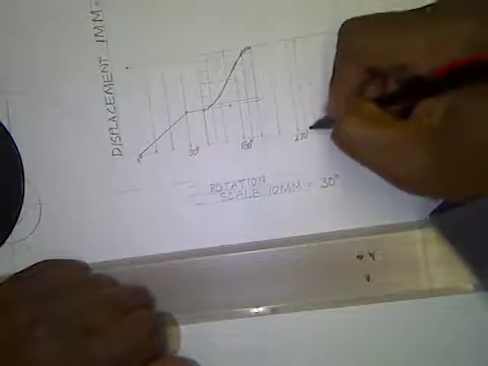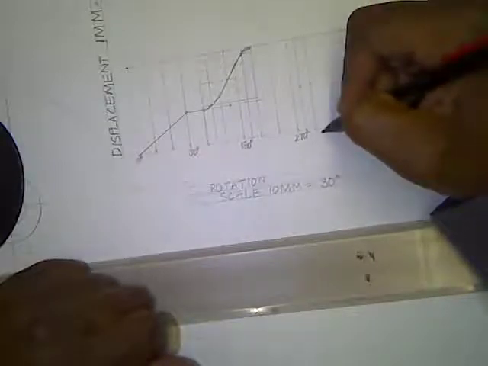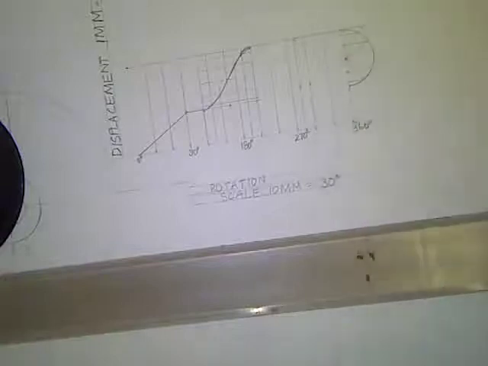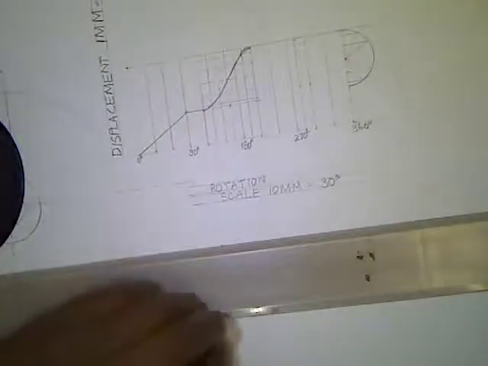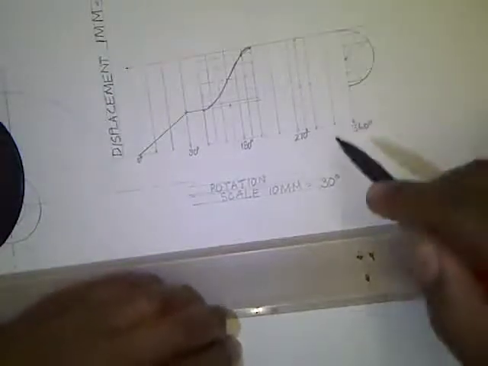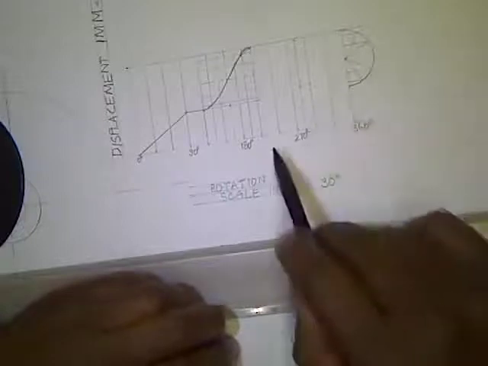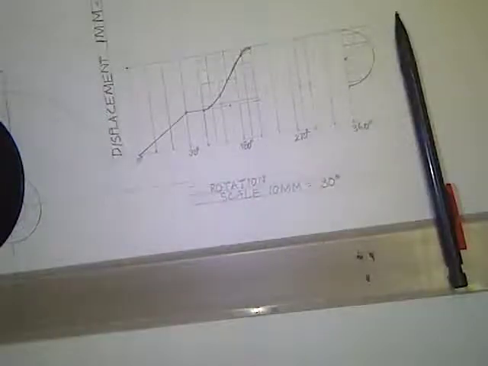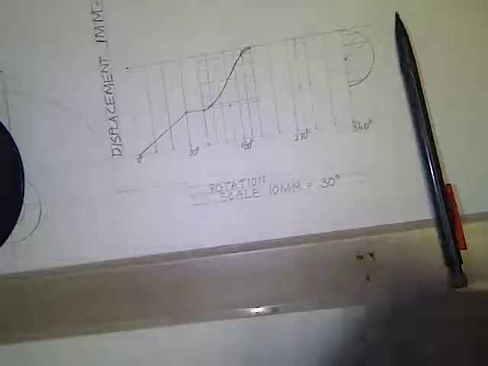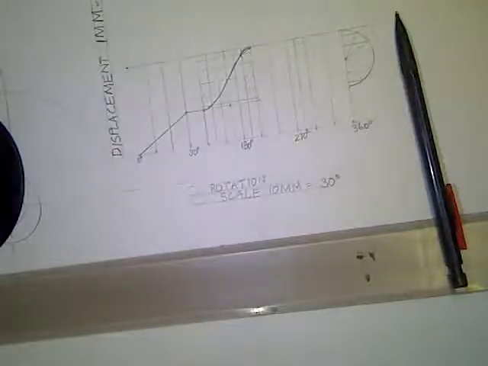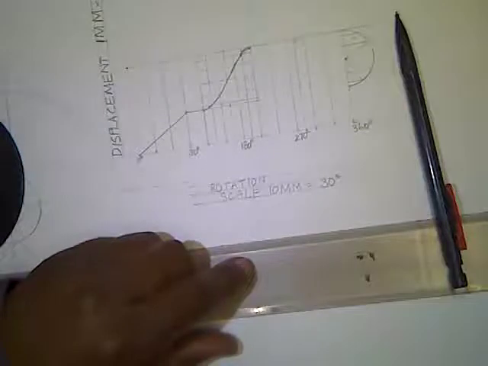Even on the other side, I'll divide it into 3 equal parts. That will mean I must have a calculator with me so that I know the actual number of degrees that I need to have.